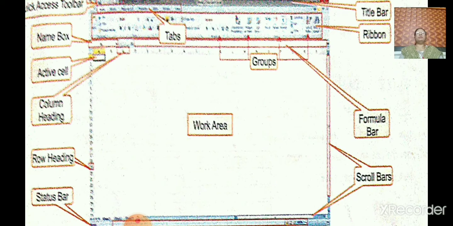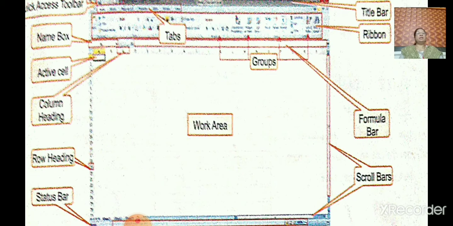Now what are the components here? Can you see the components in the spreadsheet window of Excel? Name box, active cell, column heading, row heading, status bar, work area, groups, formula bar, scroll bar, title bar, ribbon, right? Okay, the cell means what? A cell is an intersection of a column and row in a worksheet, and each cell is denoted with a cell address.